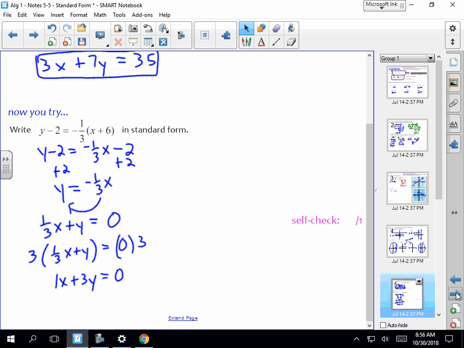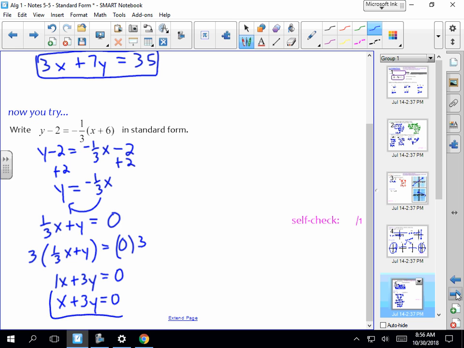You typically won't see that 1 written in front of it. It'll just be x plus 3y equals 0. That's how you would see it written in standard form. But it's okay to have a c equal to 0. 0 is an integer.